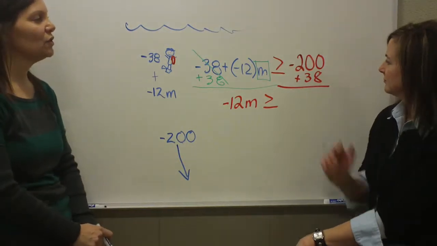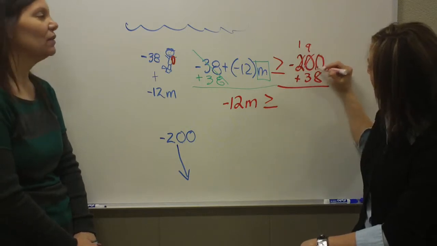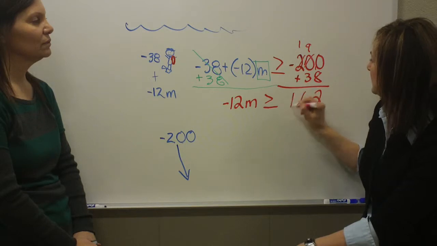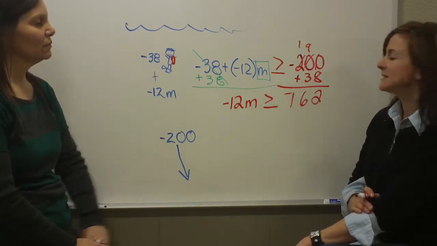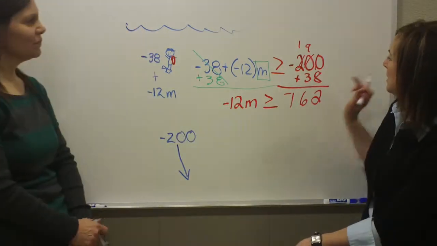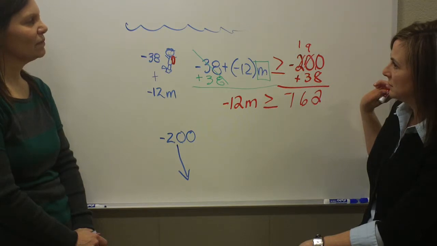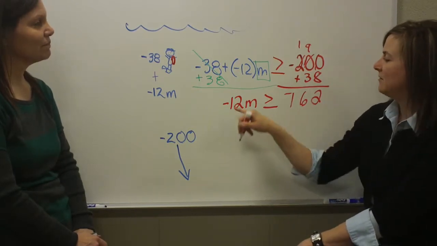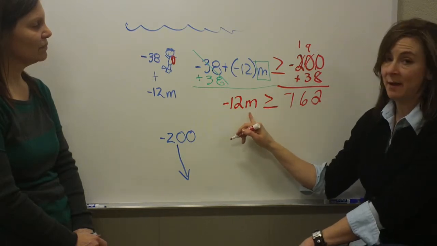You can use your calculator. We're left with a negative 162. And then we have a negative 12 times m.